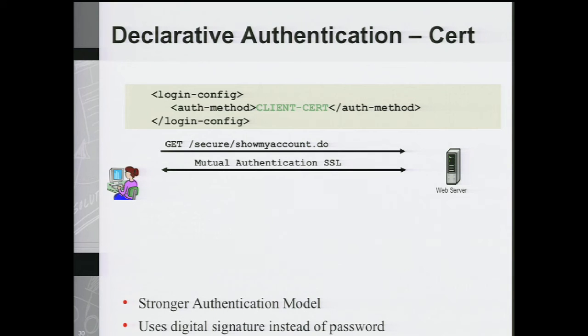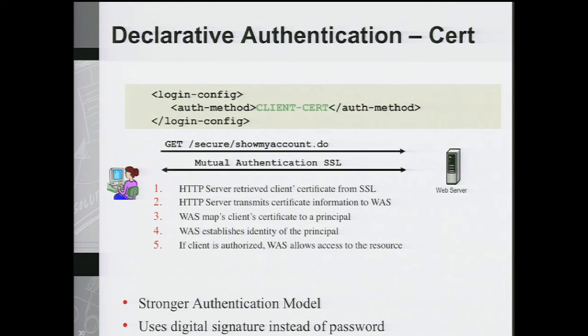So there's a bunch of conversations that go back and forth, and I can talk to you about that for an entire hour. But that's not what this is all about. But anyway, the negotiations take place, and eventually, the authentication takes place, and you get sent to the right page. It's a stronger authentication model when you want to do things like financial transactions. Maybe this is a model you can use, and it uses digital signature rather than regular password.